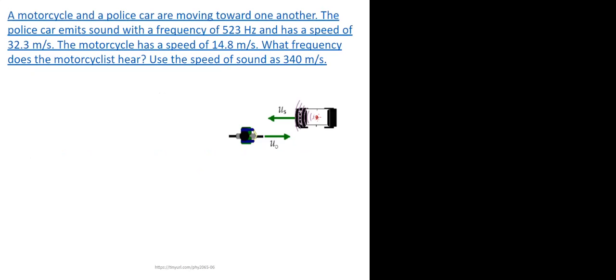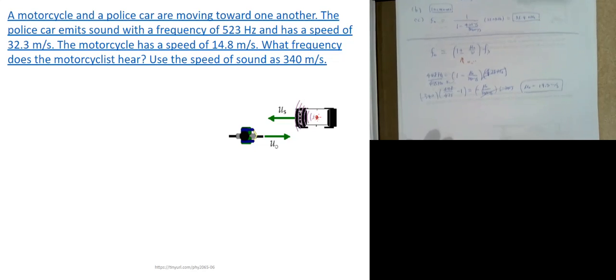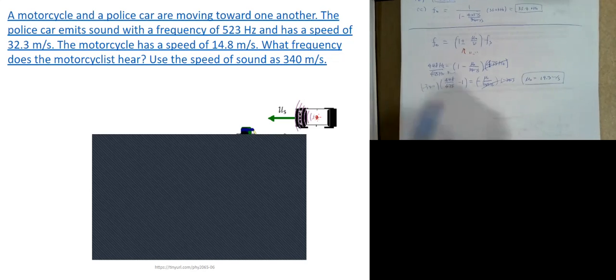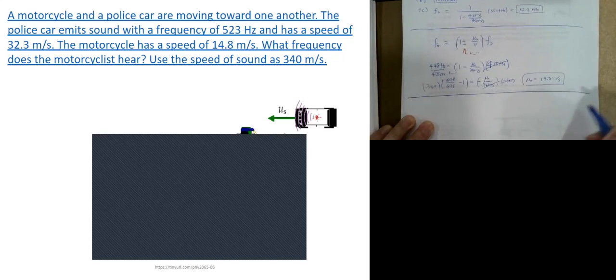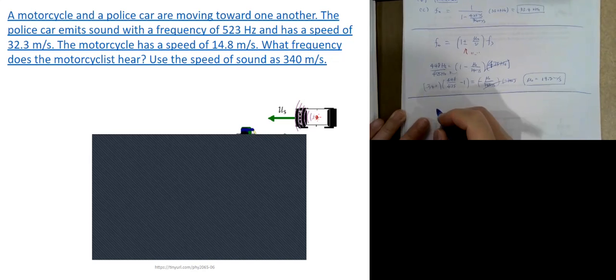The motorcycle has a speed of 14.8 meters per second. What frequency does the motorcyclist hear? Now you can use that general expression and decide what sign you want to take, both for the numerator and denominator.